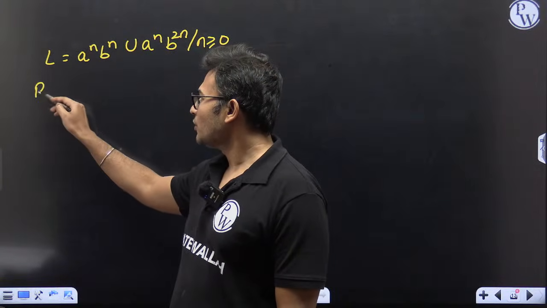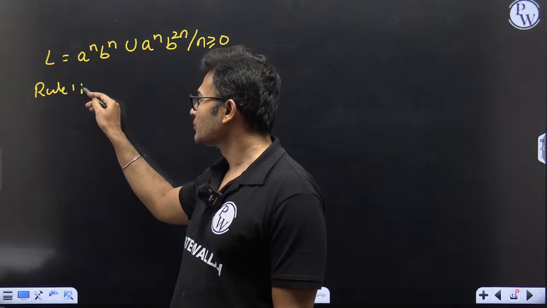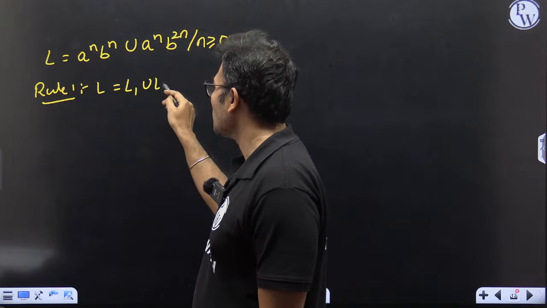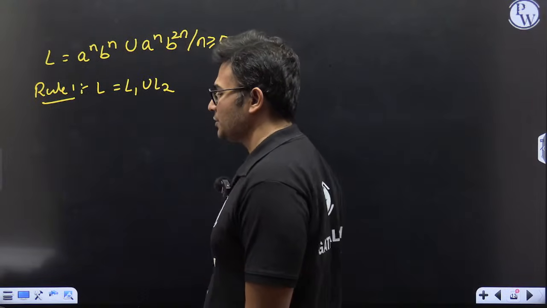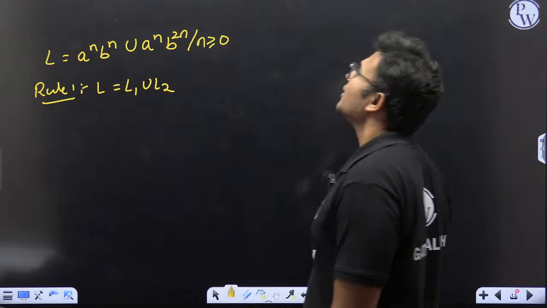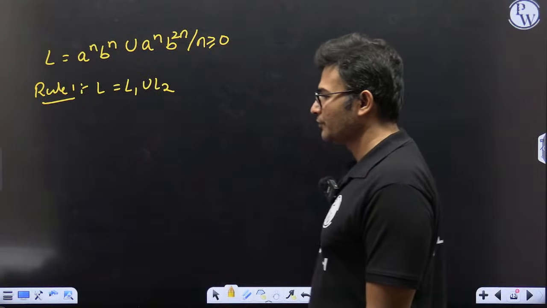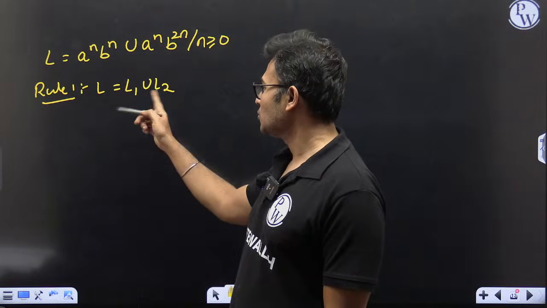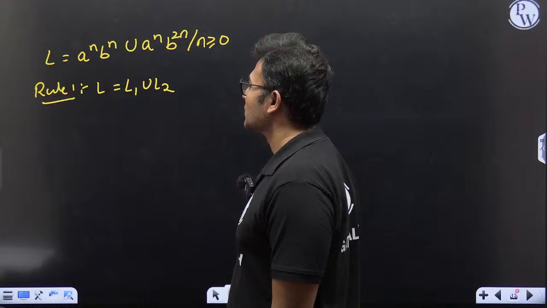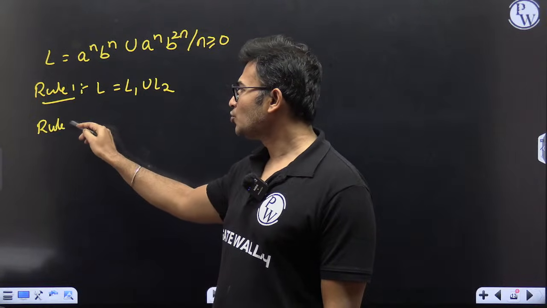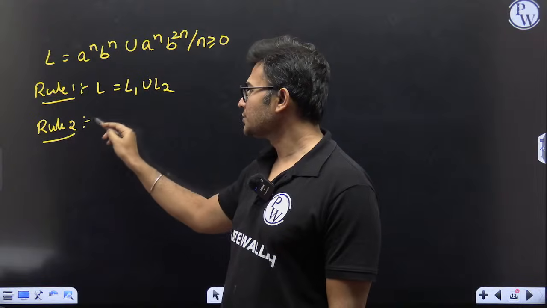So what is rule 1? Rule 1 is L should be equal to the union of two or more languages. Here there are two languages. And what is rule 2? Rule 2 is they should not collapse.